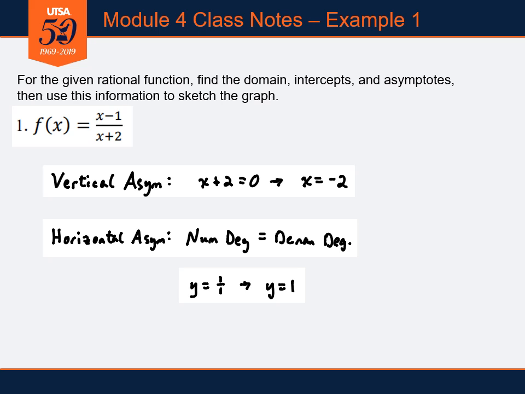And in that case, we take the fraction of the leading coefficients, 1 over 1. y equals 1 over 1, y equals 1 is the equation of the horizontal asymptote there. So we've got a vertical asymptote at x equals negative 2, a horizontal asymptote at y equals 1.